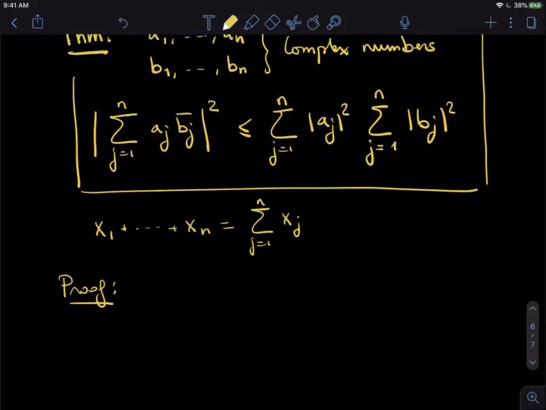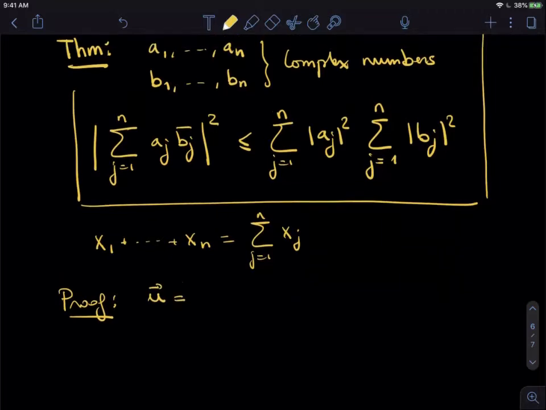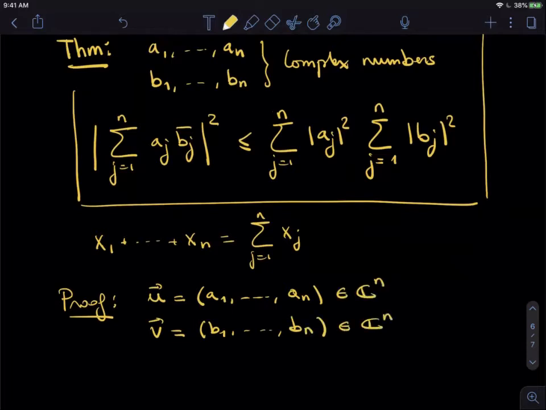If we want, we can think about this inequality in terms of vectors. Let me just give you the idea, then we can go into the details. These two vectors are vectors in a complex space.